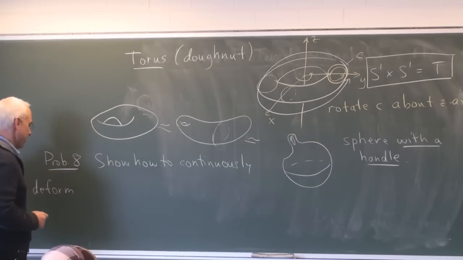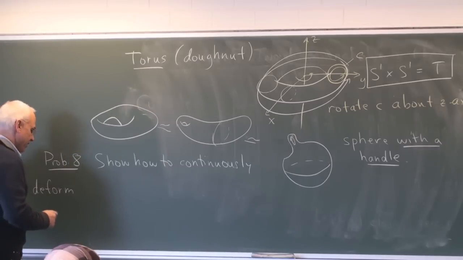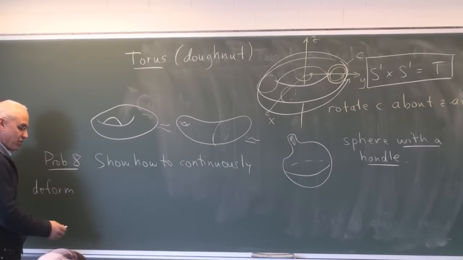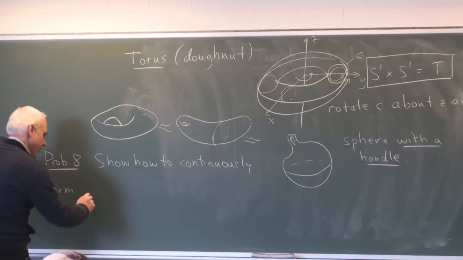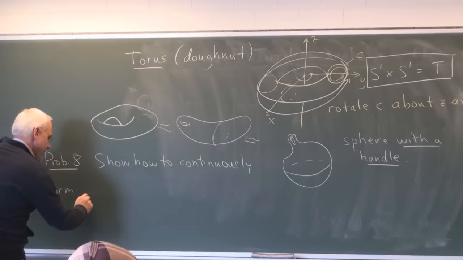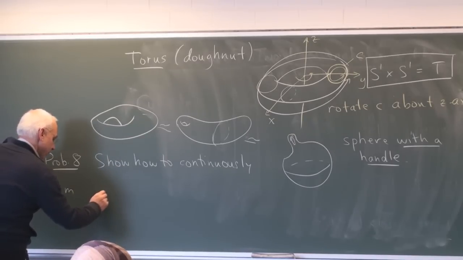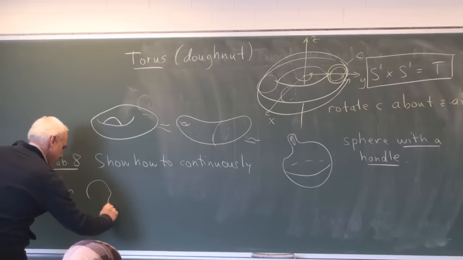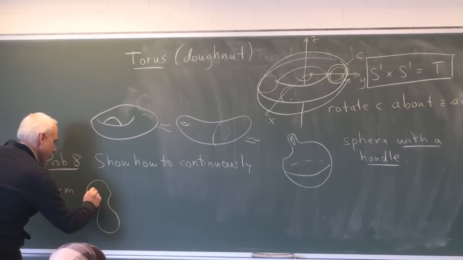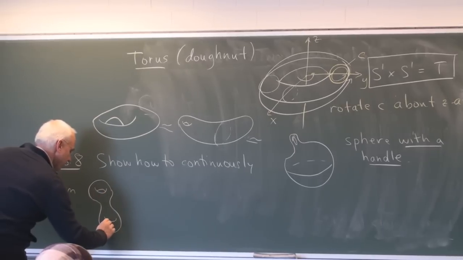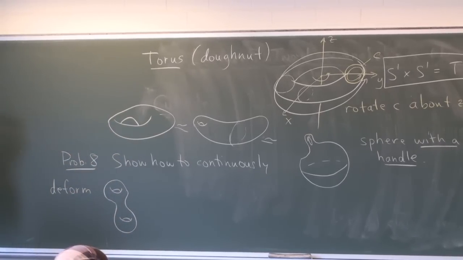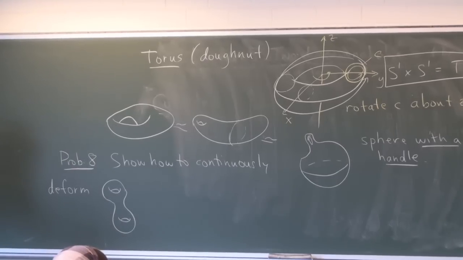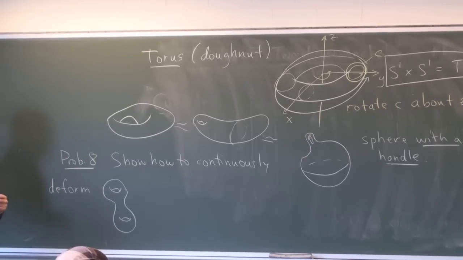Well, I'm going to do something a little bit more complicated than a regular torus. I'm going to have a torus with 2 holes in it. This is a 2-hole torus. And this 2-hole torus is hanging on a clothesline.